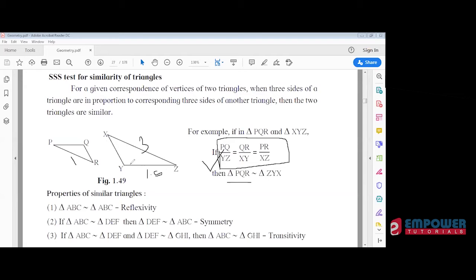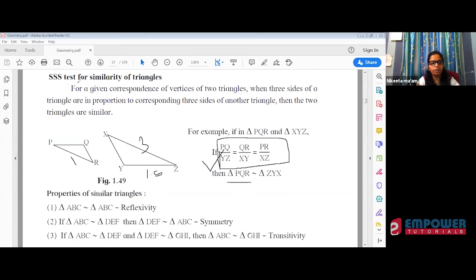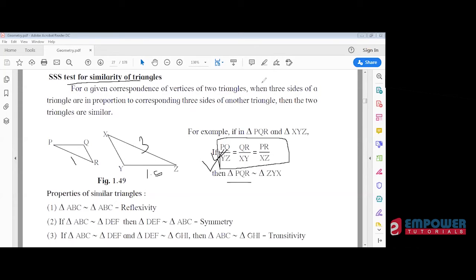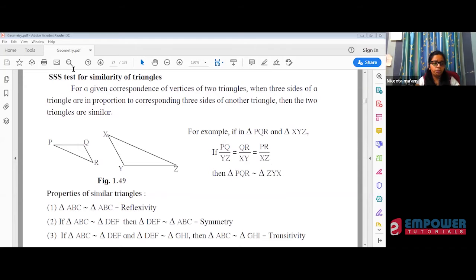Here we are going to prove that the ratios of the sides of these triangles are equal. That's it. So we have the AAA test, then the AA test, then the SAS test, and then the SSS test. By these tests we can prove that two triangles are similar to each other.